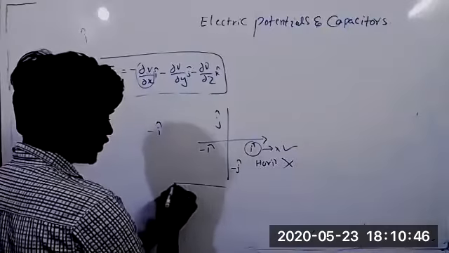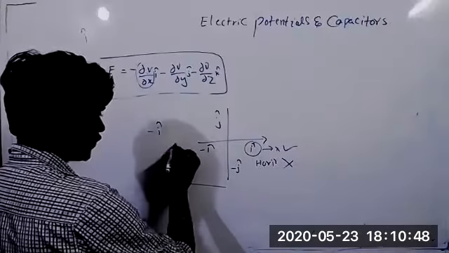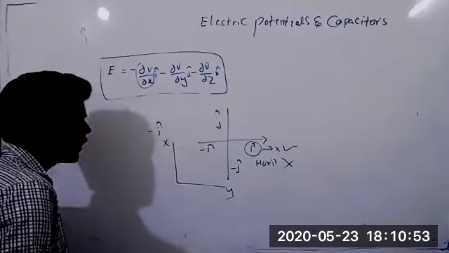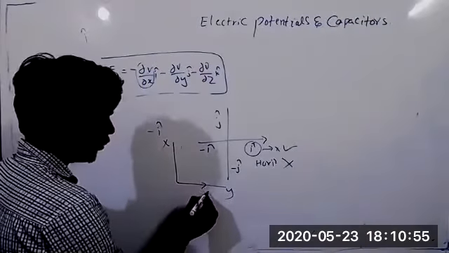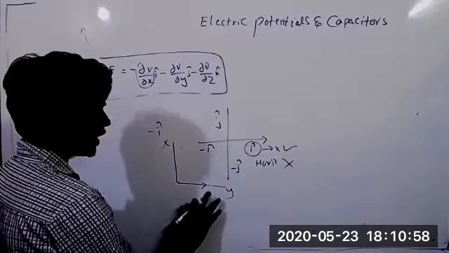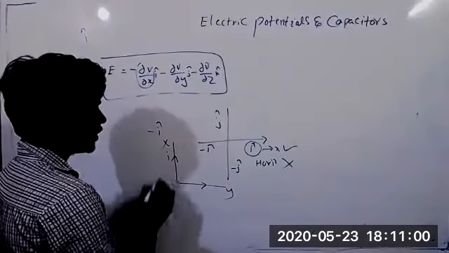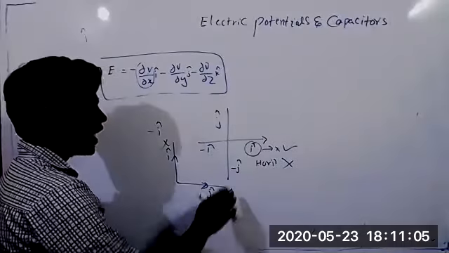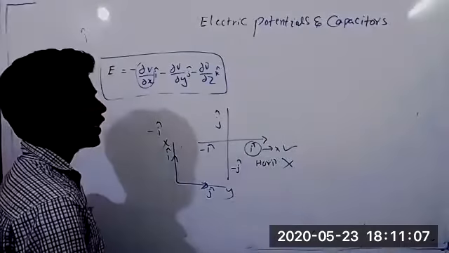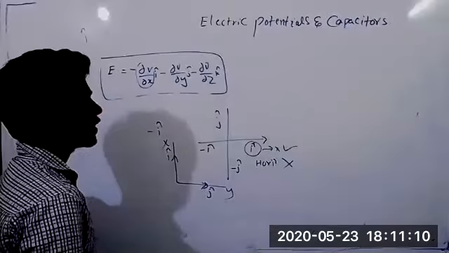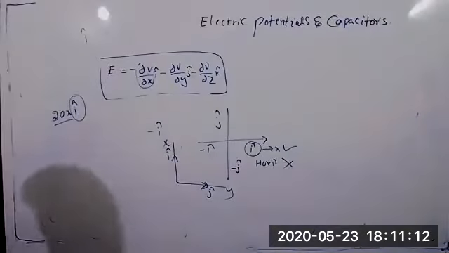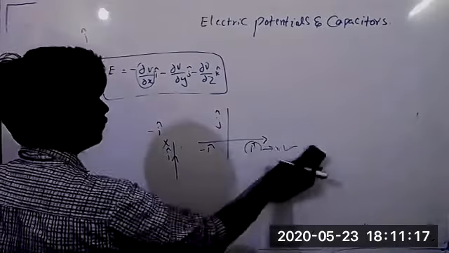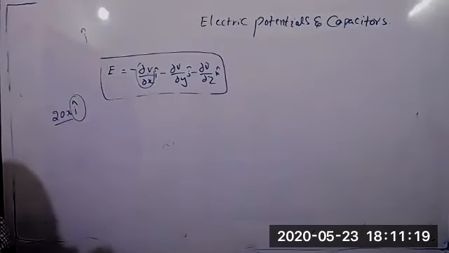When we are drawing a graph, I can take y in this direction and x in this direction, but I don't give i cap in this direction. i cap is always along the x direction and j cap is always along the y direction. But I can't say i cap is always horizontal and j cap is always vertical. That is not correct. Based on the x direction or y direction, we can say. Remember. Write the question.